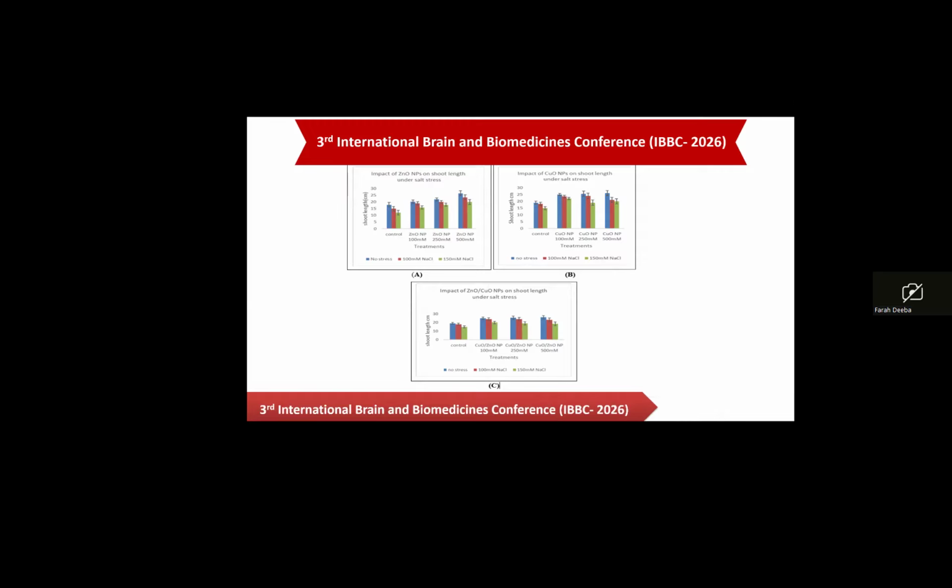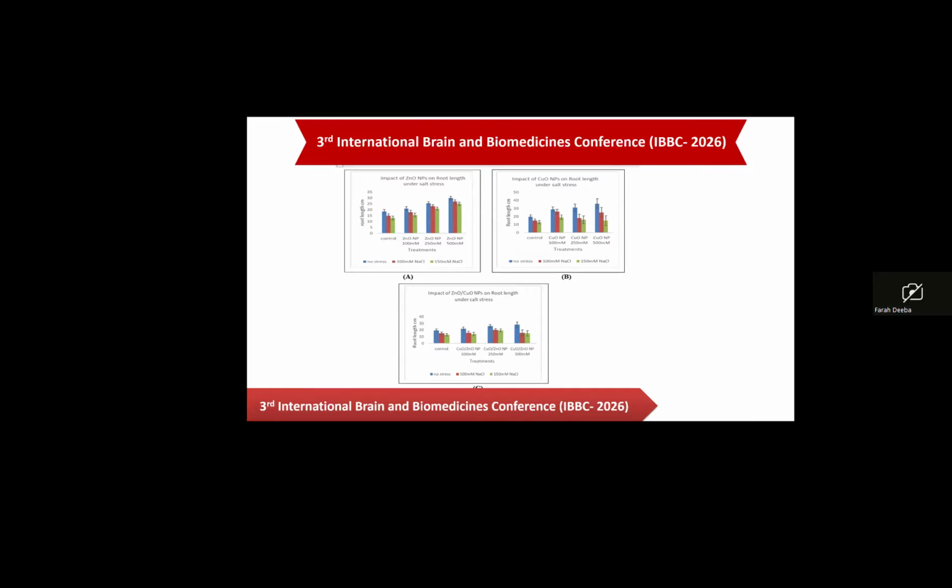Then shoot length and root length were observed. Shoot length is an important indicator of plant growth under stress conditions. Nanoparticle application improved the shoot length compared with the salt-stressed plant. And it suggests that these nanoparticles could help to support cell expansion, nutrient uptake, and overall vegetative growth under salinity stress.